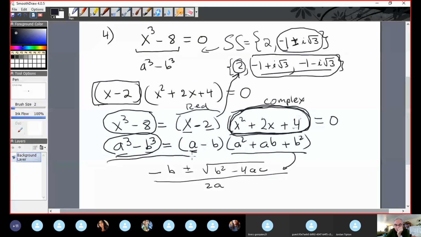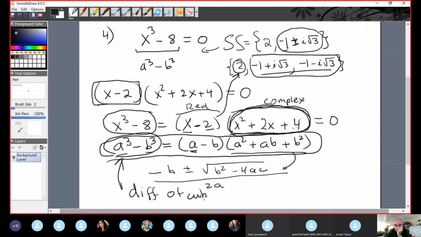This is the general formula I explained before for factoring a difference of cubes. In our specific example, we also have a difference of cubes, but the variables that participate are x and 2, not a and b. So it's the same, but replace a with x and b with 2. Do you see that? Yes. Perfect.